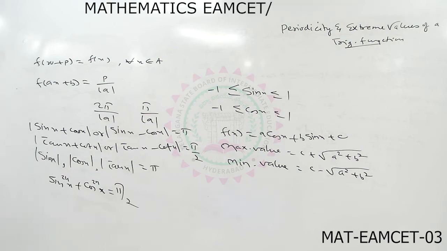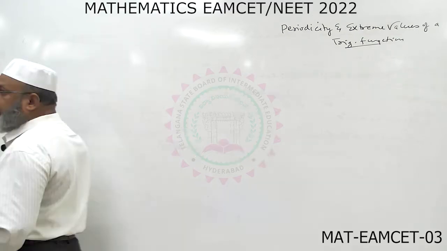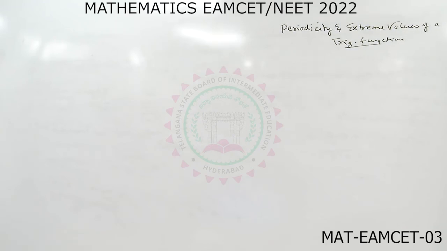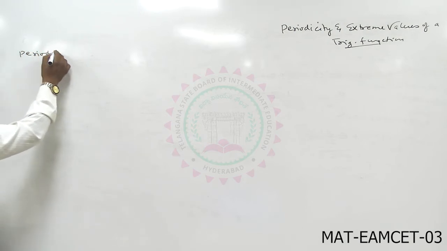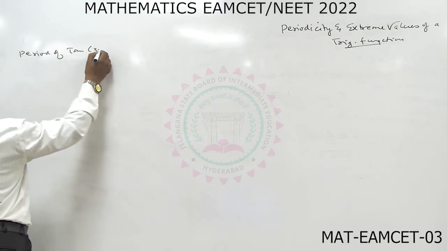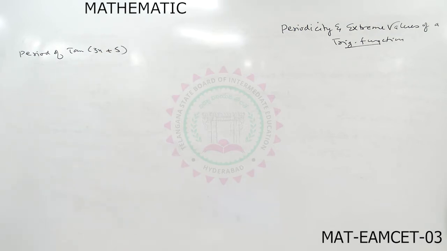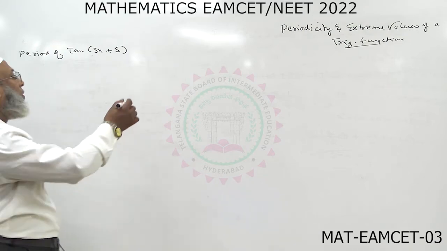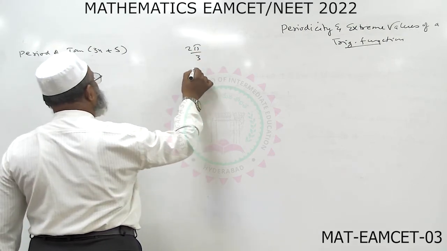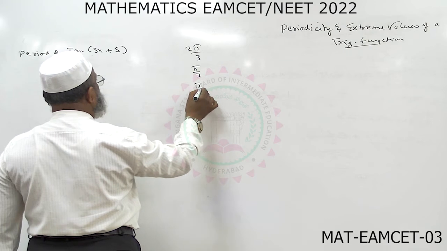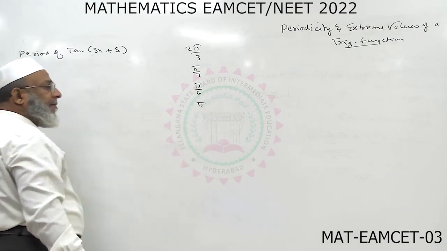So based on this formula, we will do some numerical questions. Now write down a problem. The period of tan 3x plus 5 is: 2 pi by 3, pi by 3, pi by 6, or 5.